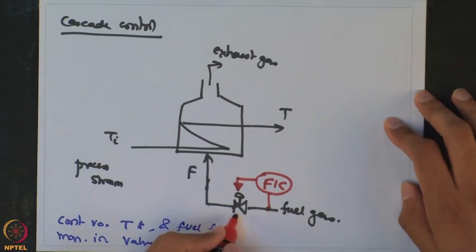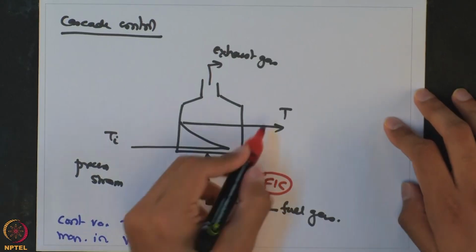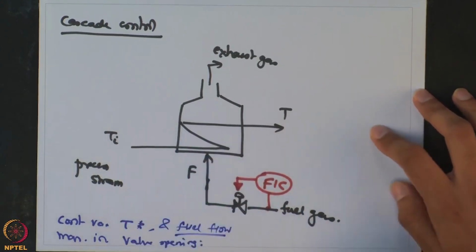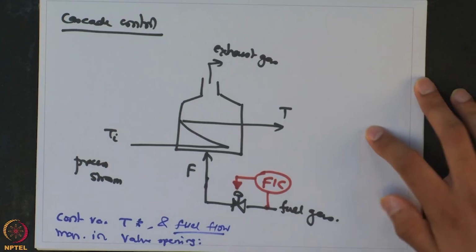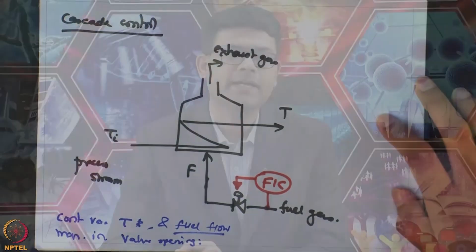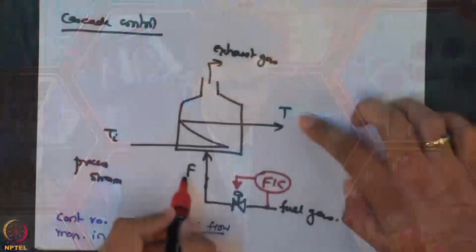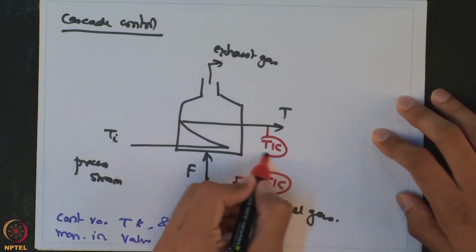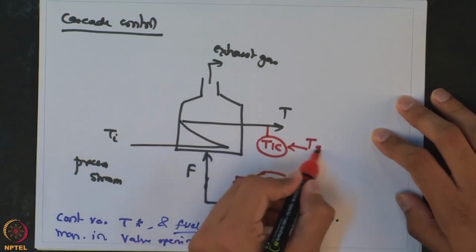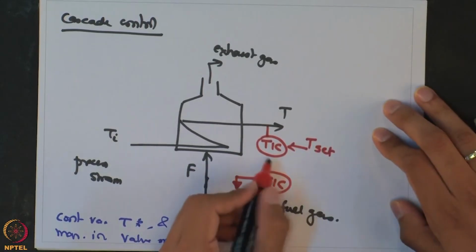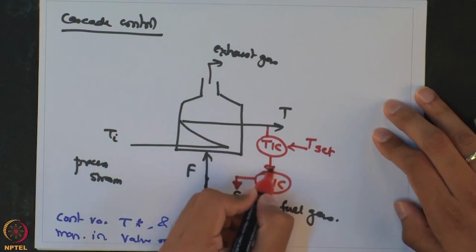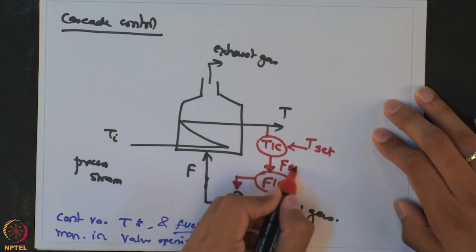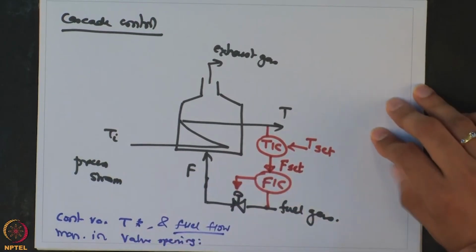Now as we have used this manipulated variable, how do we control the temperature? We go back to the logic of our earlier control system: when we want to control the temperature, we want to manipulate the fuel flow. So we are going to have a temperature controller with its own set point, and the output of this controller will act as a set point for this flow controller.